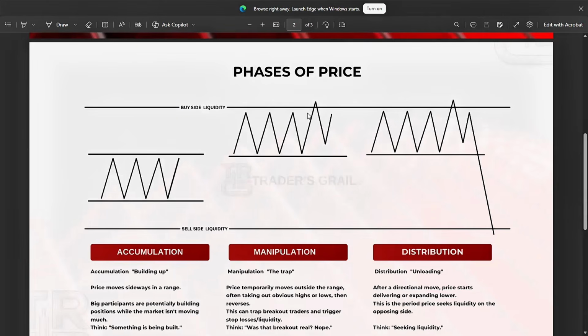For example, once price breaks out of this range, the breakout traders want to long it, but that's not the case because our stop losses are here, and then price drops down. So in layman terms, you want to wait for accumulation, wait for price to manipulate, and then participate in the distribution, right?